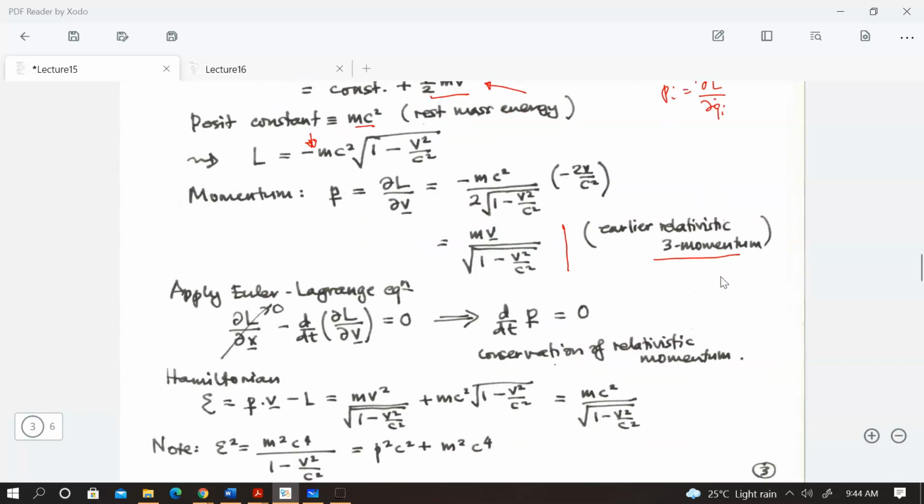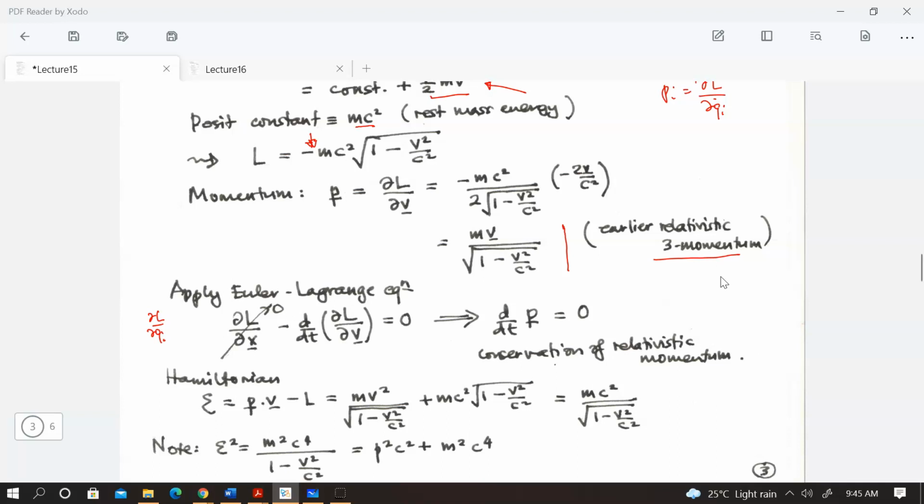The Euler-Lagrange equation seems to give you what? Well, the first thing is remember that you have your partial L partial q_i. That is partial L partial x over here, where your x is supposed to give you the coordinates of the particle. Okay, but if you look at this Lagrangian, there is no x.